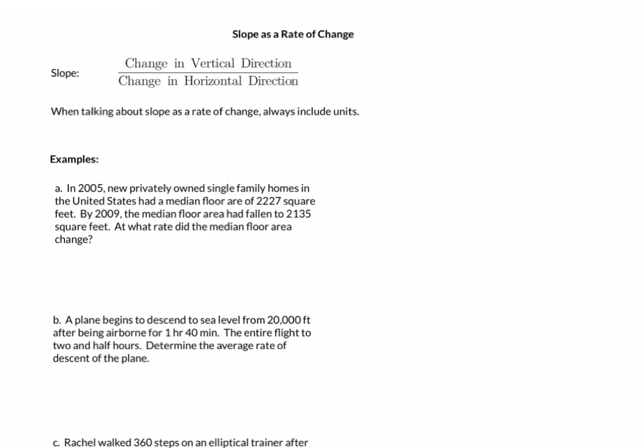All right, so when we talk about slope as a rate of change, remember that slope represents the change in the vertical direction over the change in the horizontal direction.